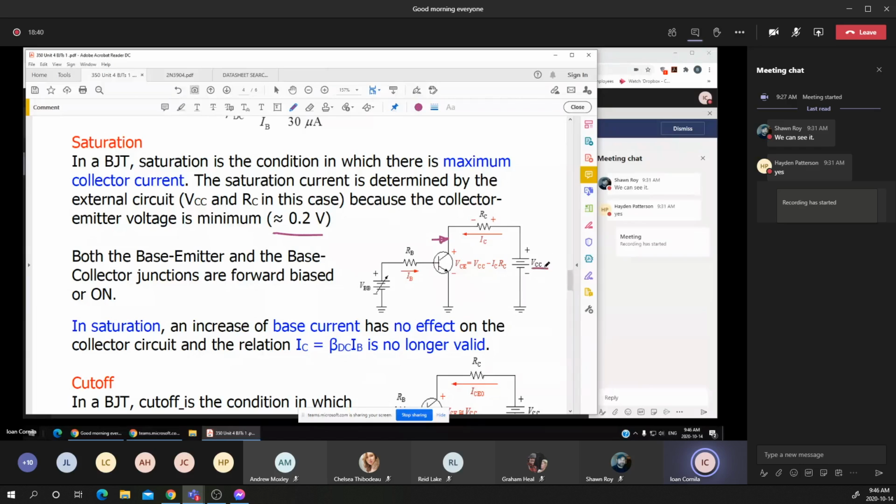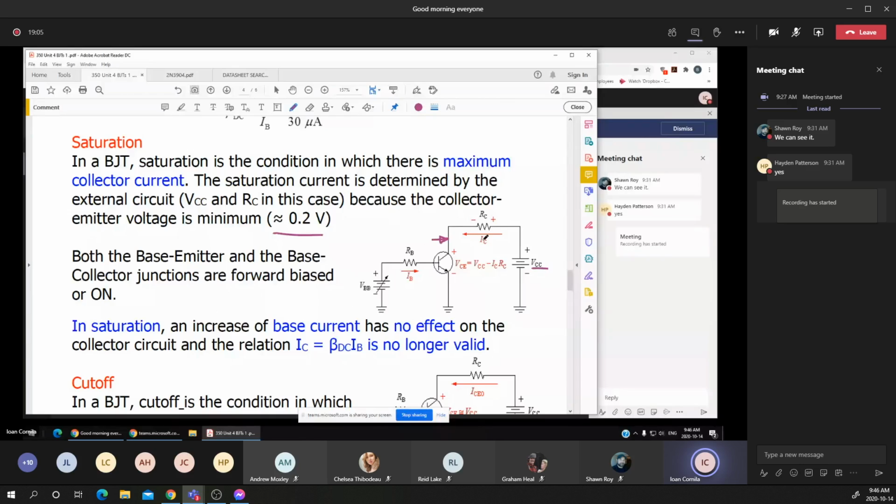VCC is the voltage applied to the collector, or the voltage supplied to the circuit. Simply VC or VE means the potential at the collector or the potential at the emitter, and VB is another notation for the potential at the base with respect to ground.